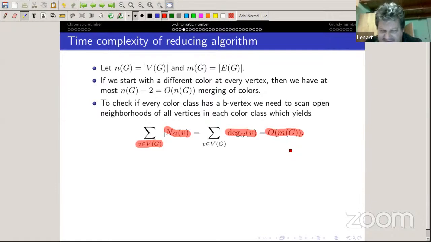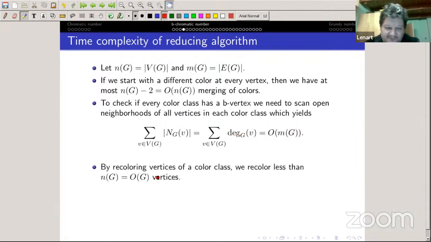We could reduce this calculation, because when we find a B vertex in one color, then this vertex, by this reducing algorithm, will remain a B vertex after each step. So we don't need to check all the vertices all the time, but only those color classes which do not have a B vertex. So this O of M of G can be reduced.